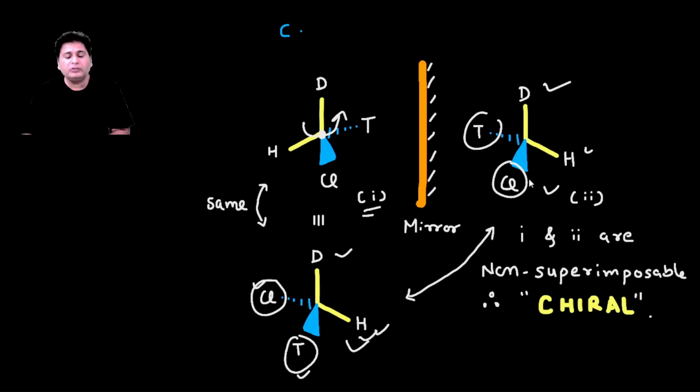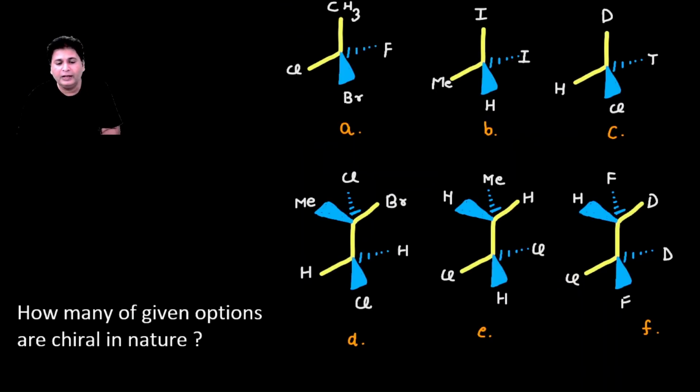Now from the 3 examples, if I revisit my question before I proceed: example number A was chiral, I proved it by making the mirror image. Example number B was achiral, as the mirror image superimposed. The C was chiral.